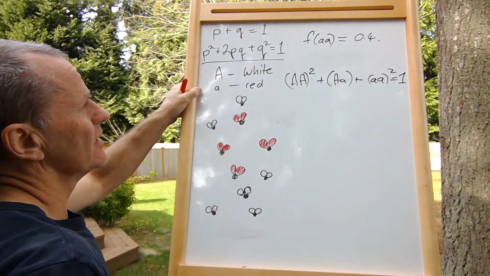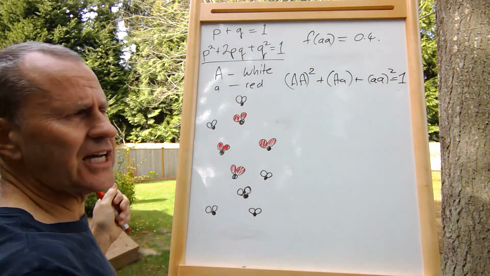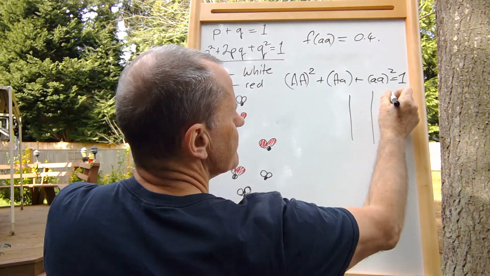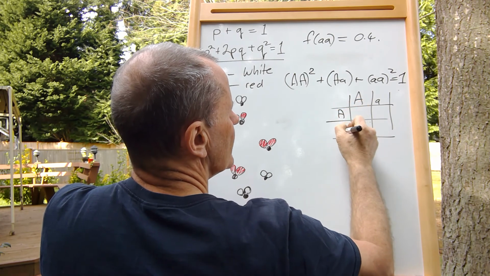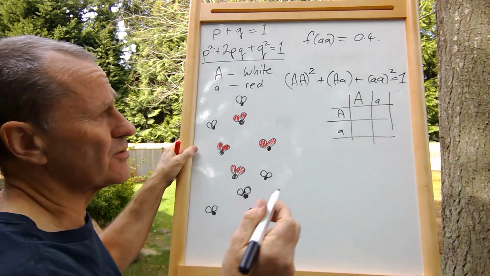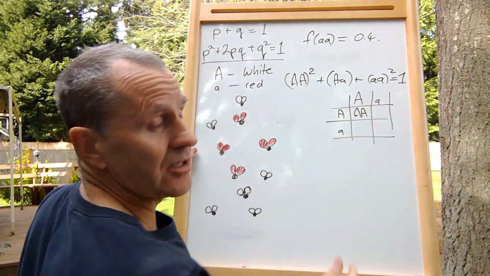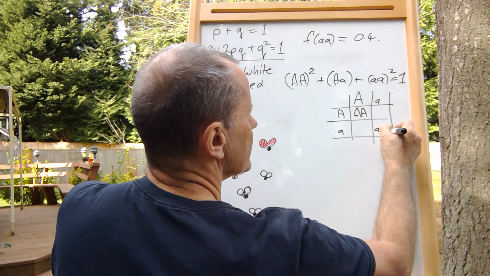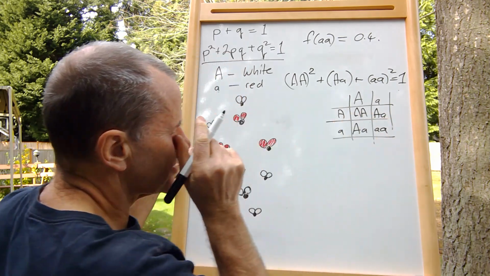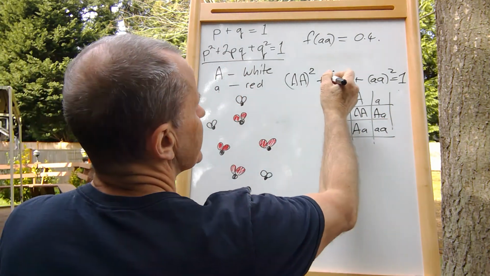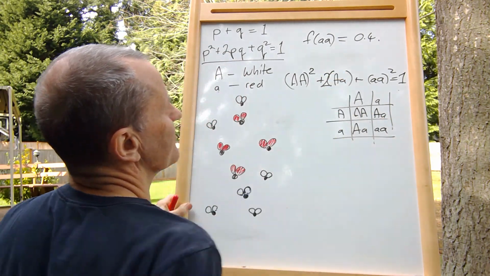All right, and that corresponds to how it happens when we do a Punnett square of a mating of 2 heterozygous individuals: 1/4 of them homozygous dominant, 1/4 homozygous recessive, and of course 1/2 of them, 2/4, being heterozygous. Oops, I missed that out.